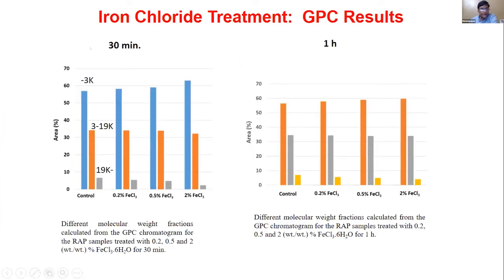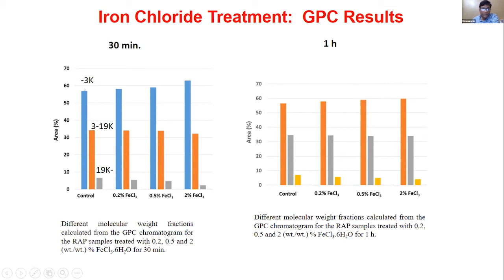This is the value for 30 minutes at different iron chloride concentrations. The first peak is due to molecules up to 3,000 molecular weight, then 3,000 to 19,000, and then above 19,000, and you can see the high molecular weight fraction progressively decreasing.